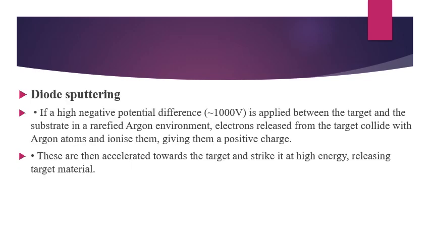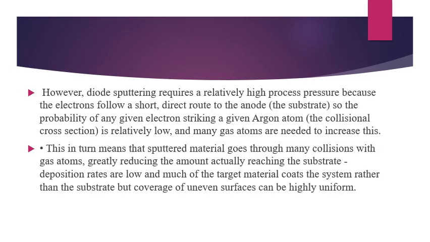Last one is diode sputtering. In diode sputtering, if a negative potential difference such as 1000 volts is applied between the target and the substrate in a rarefied argon environment, electrons released from the target collide with argon atoms and ionize them, giving them a positive charge. These are then accelerated towards the target and strike it at high energy, releasing the target material.